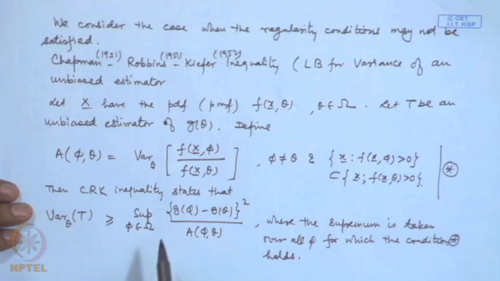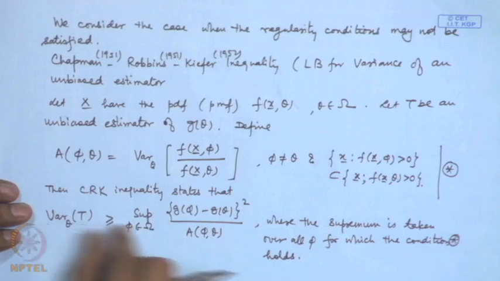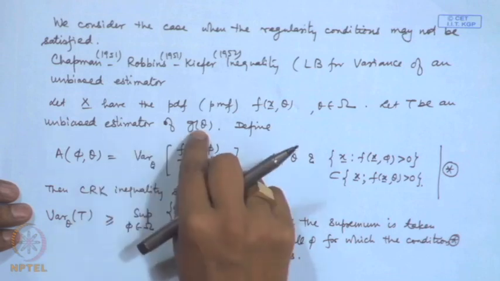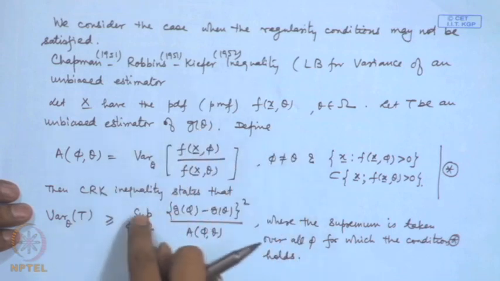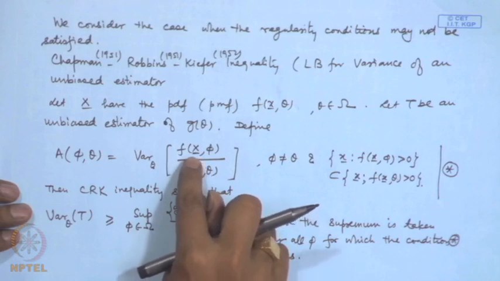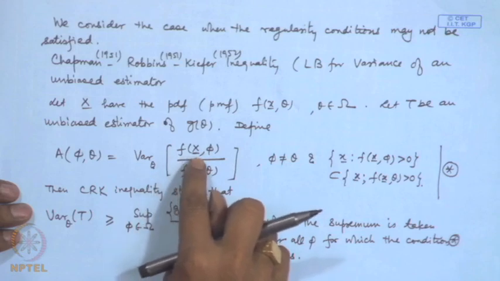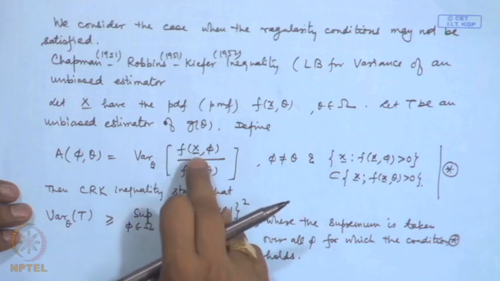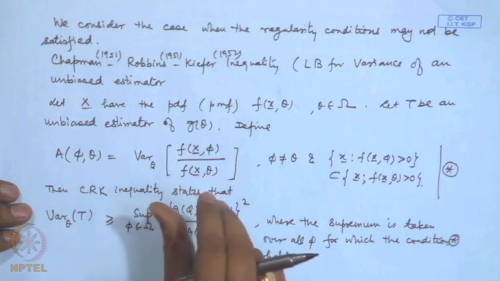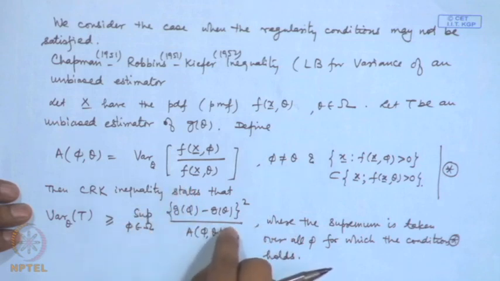So, this Chapman Robbins Kiefer inequality gives the lower bound for the variance of an unbiased estimator of a parametric function g(theta), but we have not placed any condition on the density function. Like in the case of Rao Cramer or Bhattacharya's bound, we have placed conditions on the existence of the derivatives, the existence of the derivatives of the integrals, etc. Here there is no such condition.